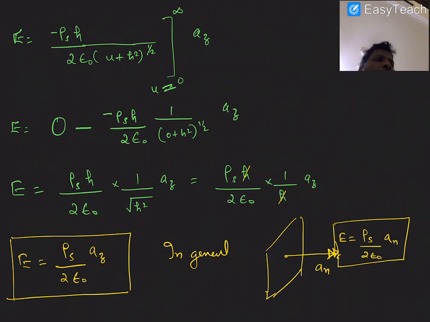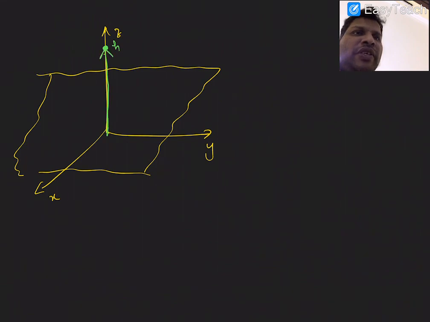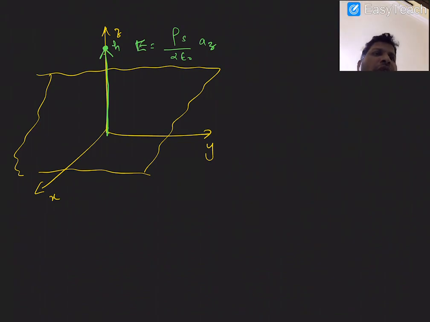So you see here that we have z, x and y, and this is my sheet of charge. The electric field due to the sheet of charge at distance h is given by rho s by 2 epsilon 0 into Az, because the normal to this configuration, where the sheet of charge is placed in the xy plane, is Az.